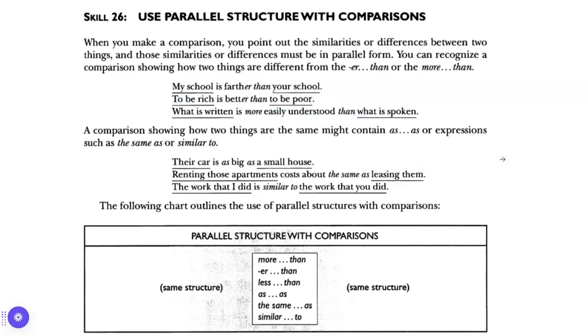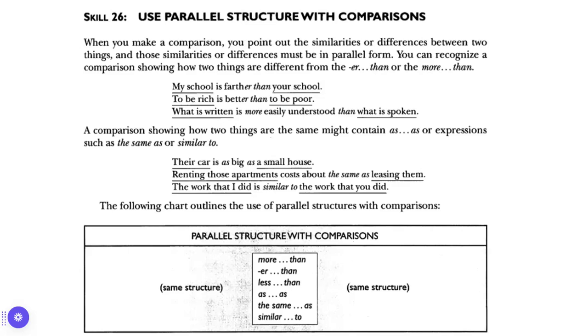A comparison showing how two things are the same might also contain expressions like as, good as, for example, or expressions such as the same as or similar to. Their car is as big as a small house.